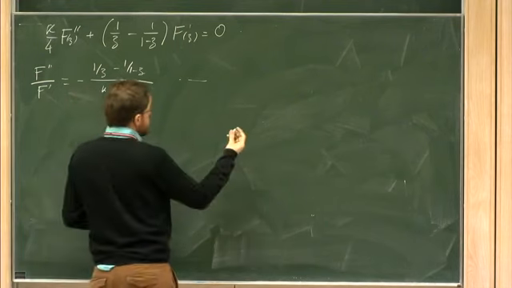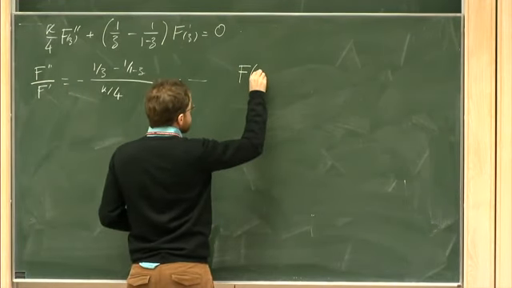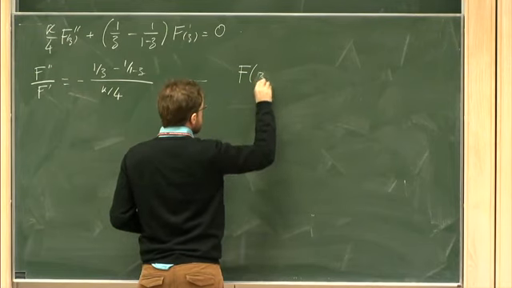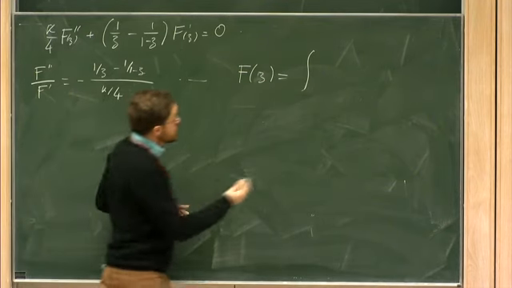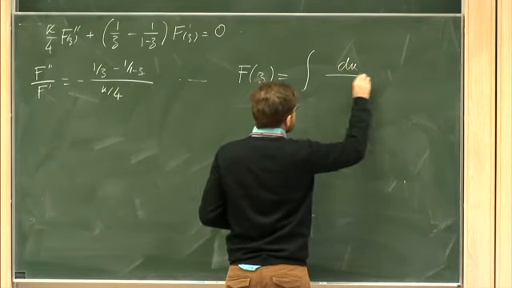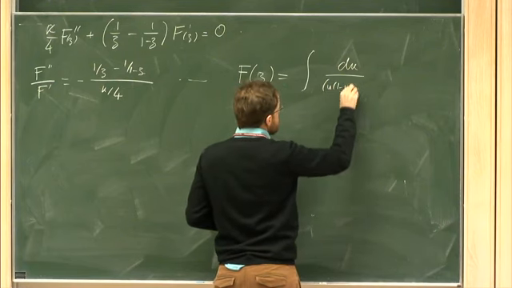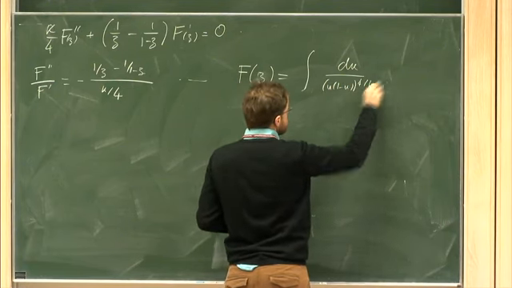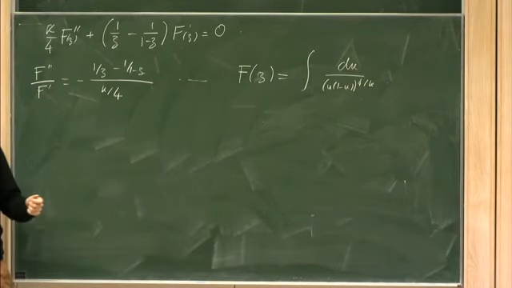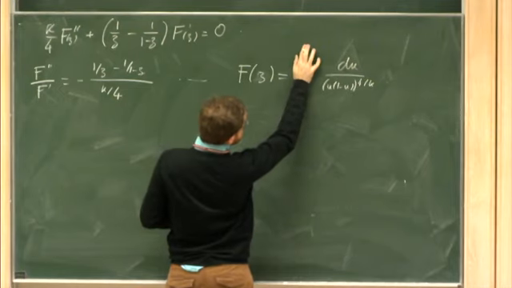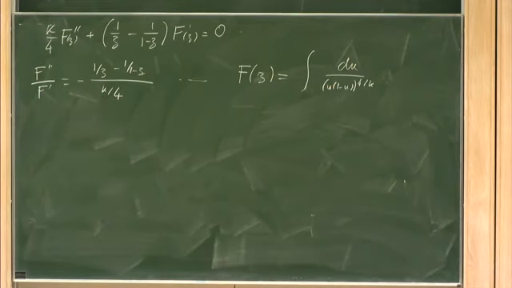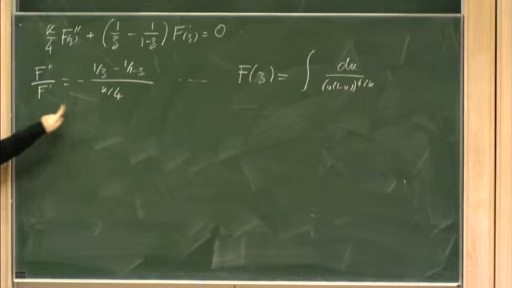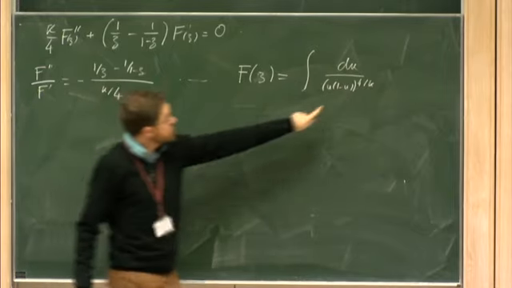And what we get is that f of z has to be some antiderivative of 1 over u times 1 minus u to the power 4 over kappa. So this is what you will get as f prime by integrating this. So this 4 over kappa is this 4 over kappa here.